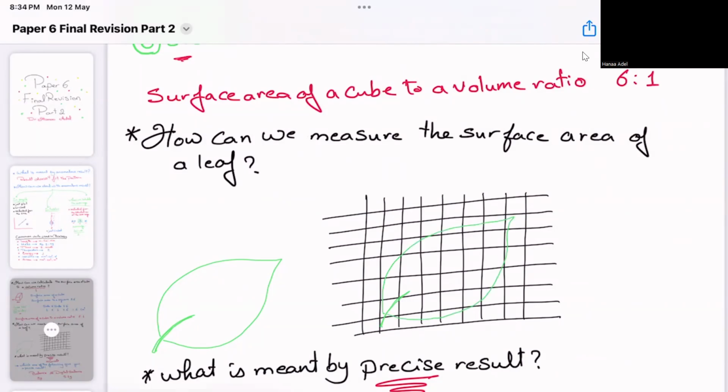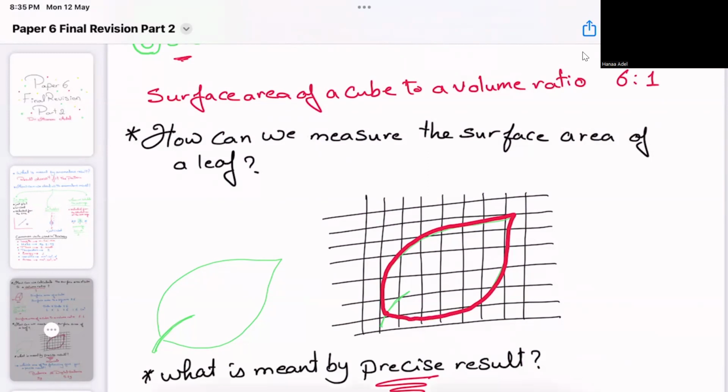And then we have to outline the leaf. Make a line around the leaf on the grid to determine the shape of the leaf on the grid.